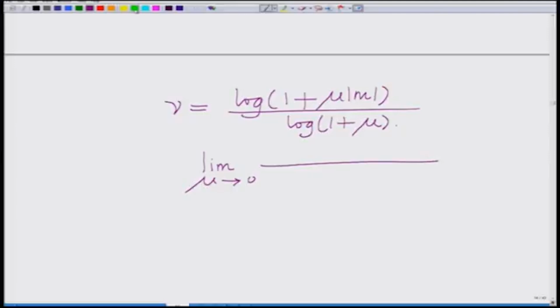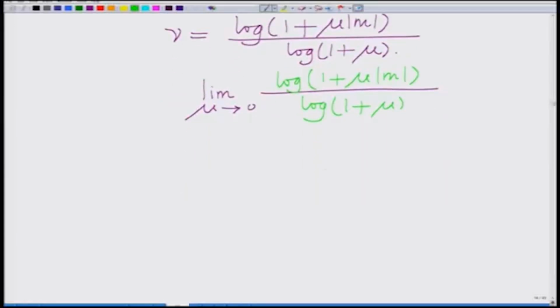For very small values of mu, this becomes log of 1 plus mu magnitude of m, divided by log of 1 plus mu. Well, we are going to use the approximation: log of 1 plus x, in the limit x tending to 0, is approximately equal to x.